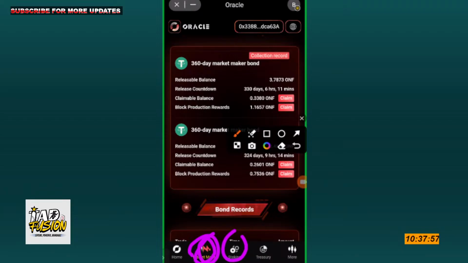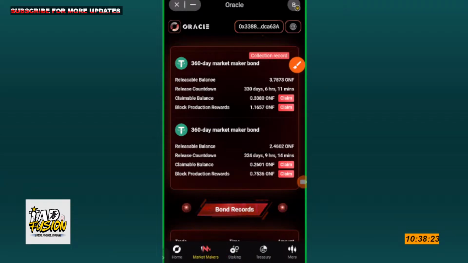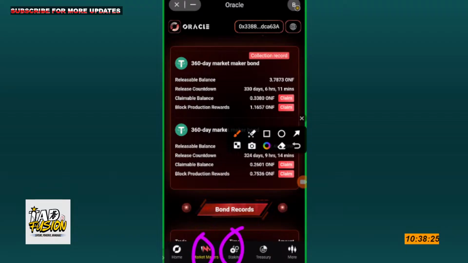Whether you have bonded or staked, you will all make a profit. There is no problem with someone who has bonded or someone who has staked. All of us make a profit. But these two systems were created to maintain the price of the token.